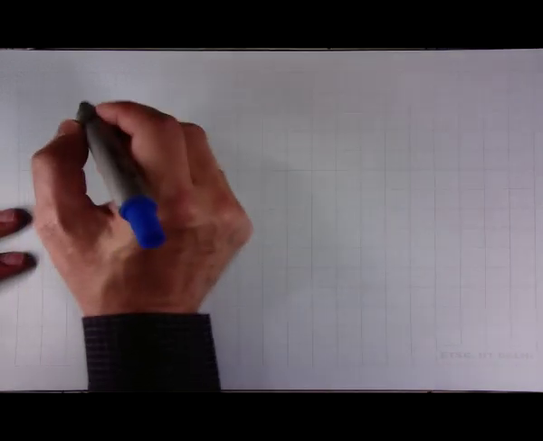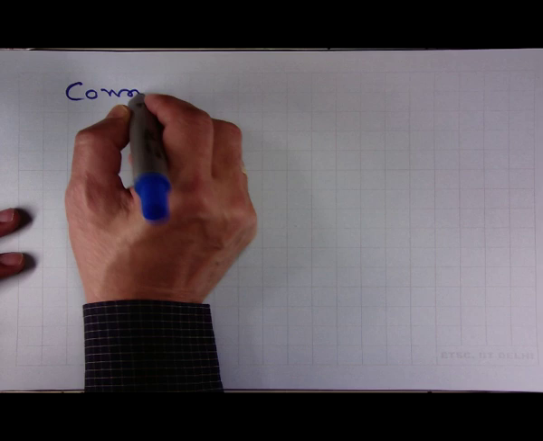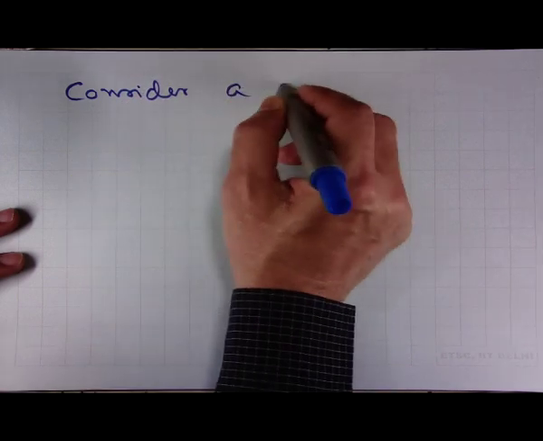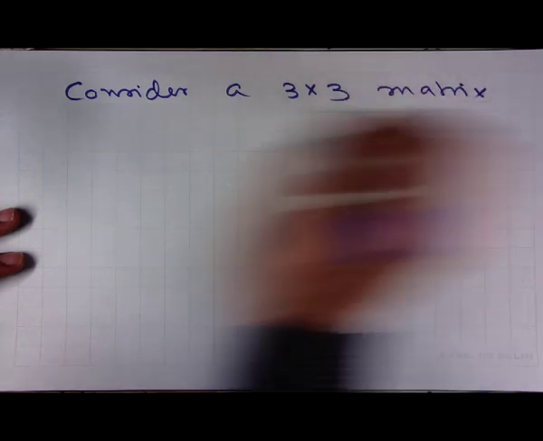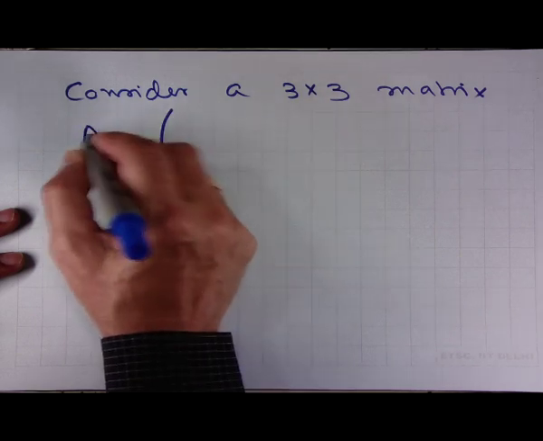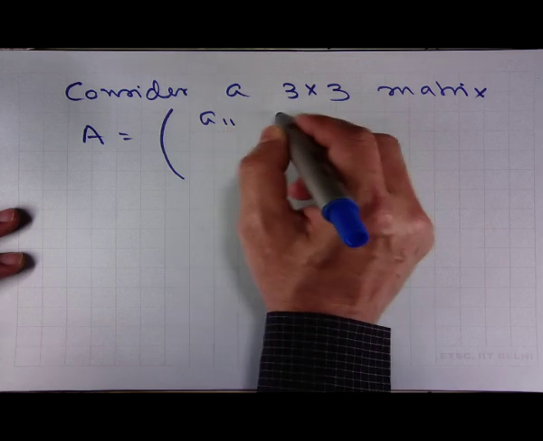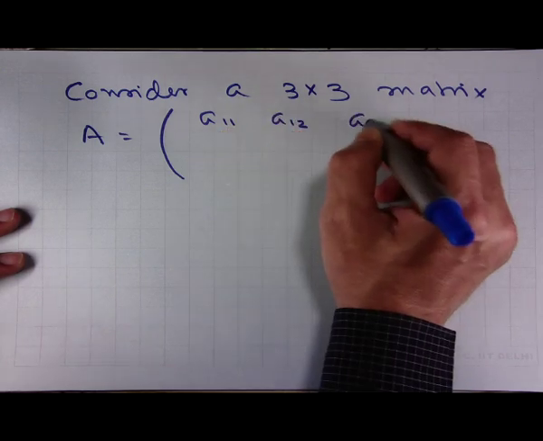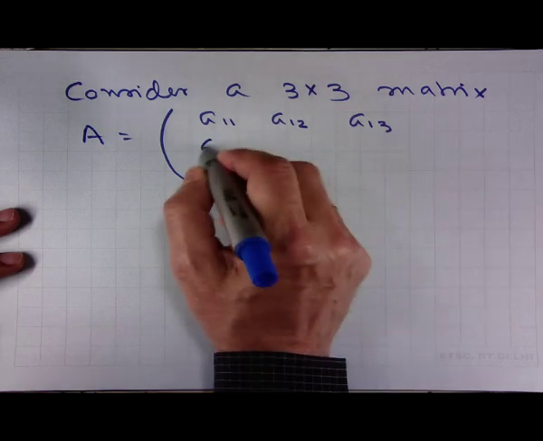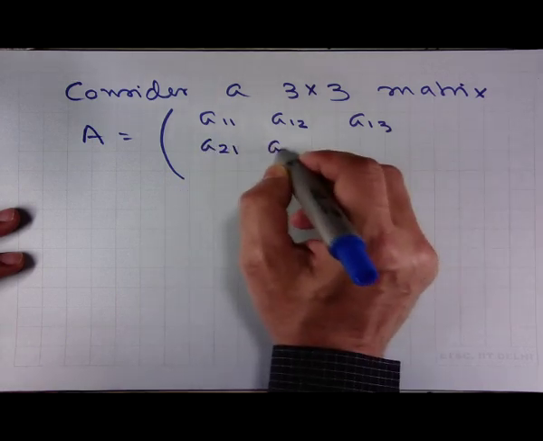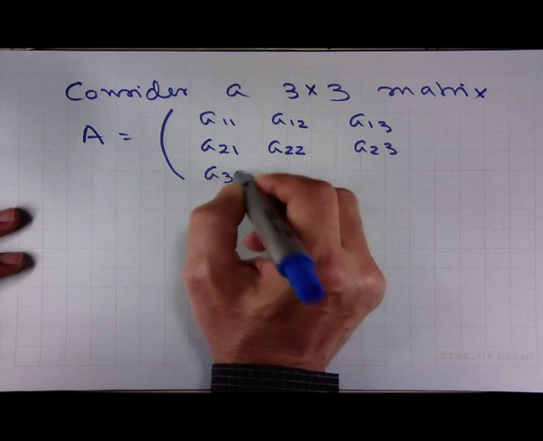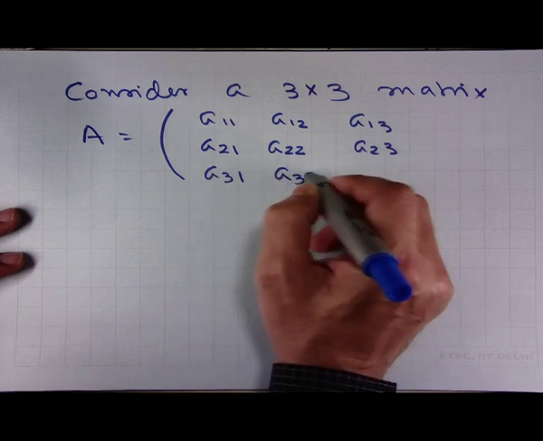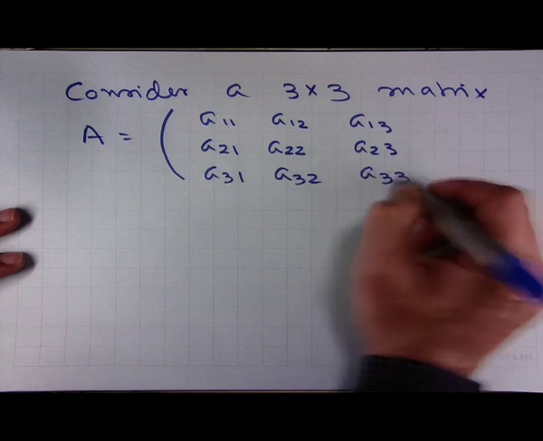answer. In order to visualize it for a general matrix, consider a 3 by 3 matrix. A is equal to A11, A12, A13, A21, A22, A23, A31, A32, A33.